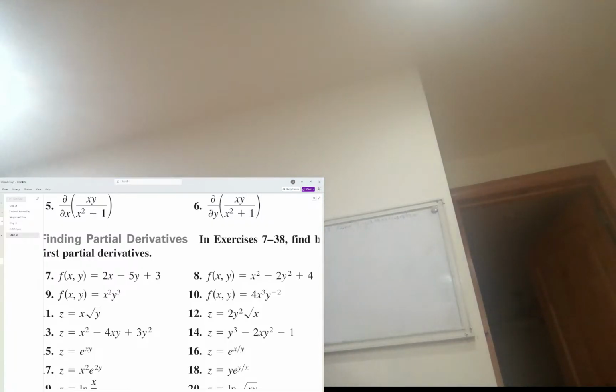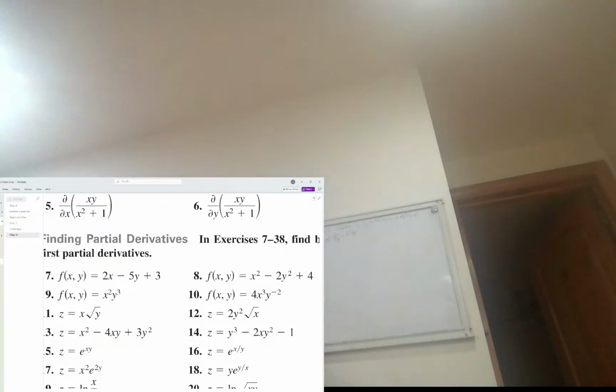So f of x y equals x squared y cubed; the partial with respect to x is going to be 2xy cubed, the partial with respect to y is going to be equal to x squared multiplied by 3y squared. Cool. Let's go to the next one.